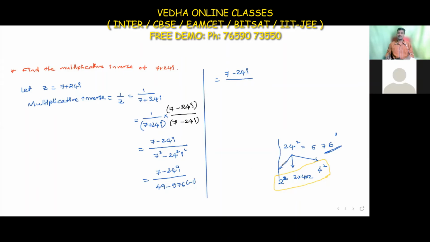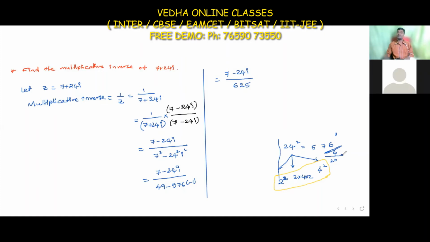How much do we get? 576 plus 49 is 625. Here, for adding easily, if we add 4 to 576, how much does it become? 580, right? Yes. Then if you add 20, it becomes 600.